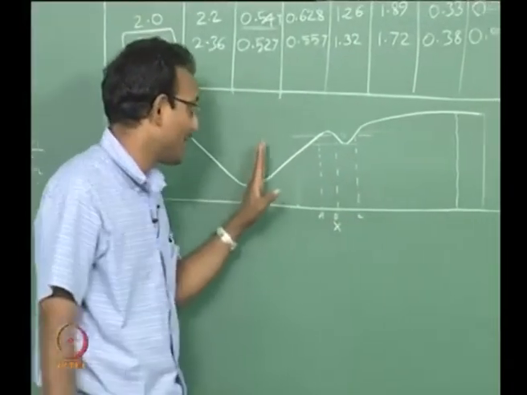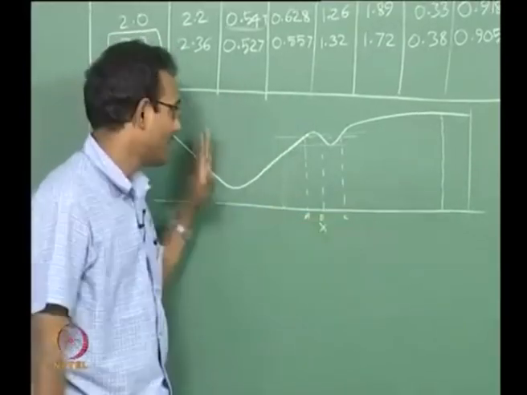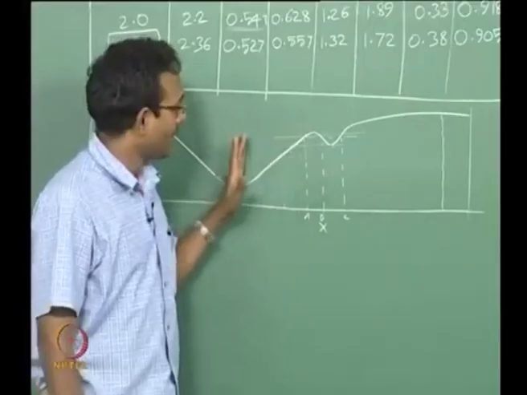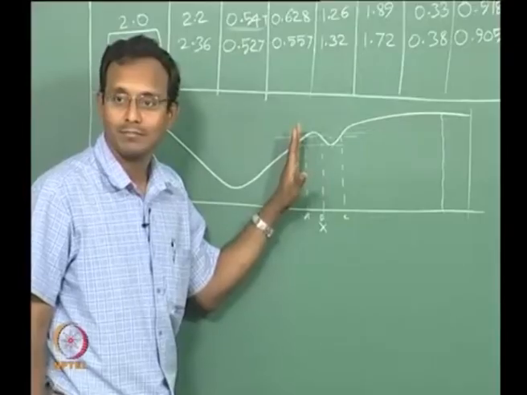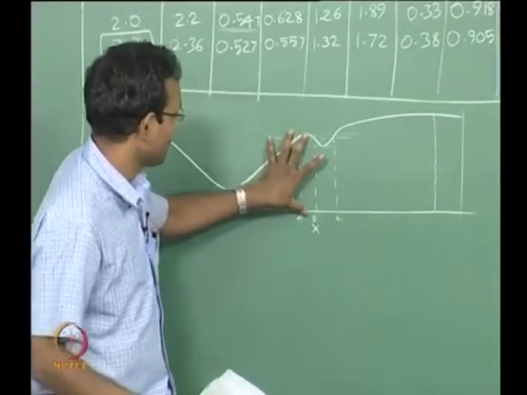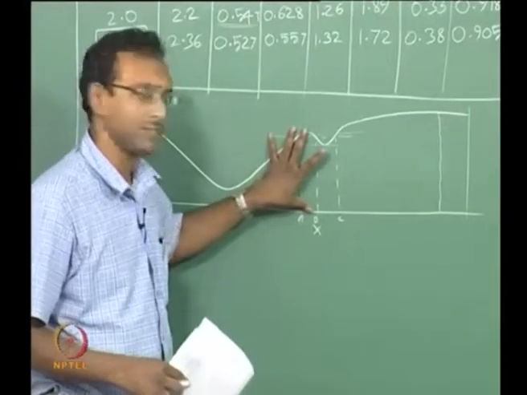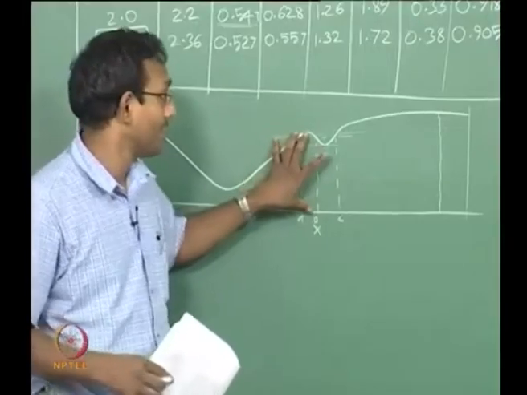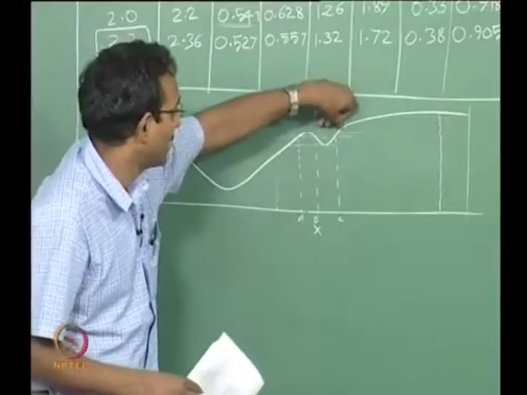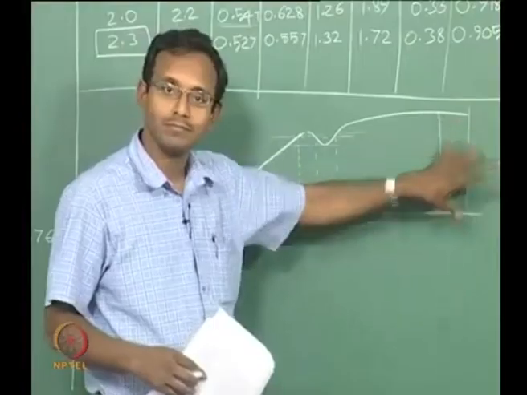If I am slowly making the shock move from here, say I am increasing P naught, keeping back pressure constant, as the shock is moving continuously, it will reach this point A. Till the shock goes to this area, as I keep on increasing P naught, it will be sitting on this side. If it needs to go to a higher area than this maximum point here, then it will jump to that point and from there it will keep on increasing area further, okay.